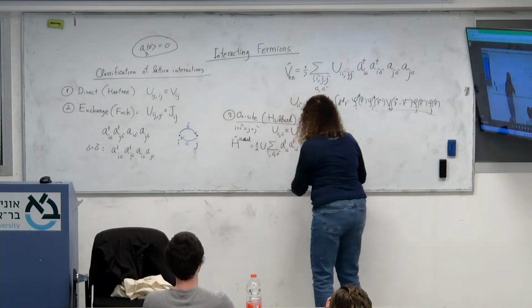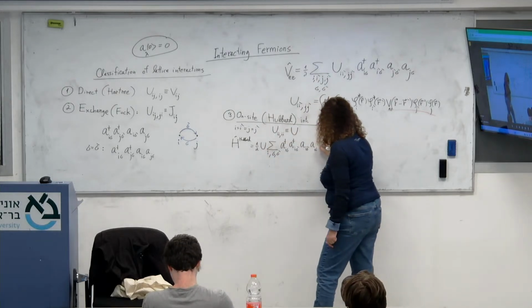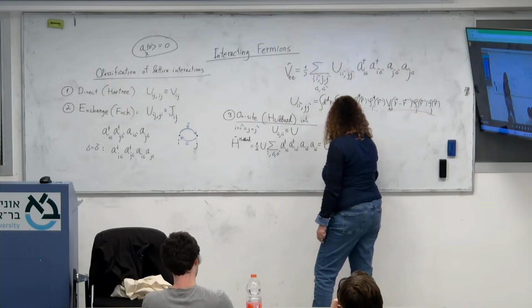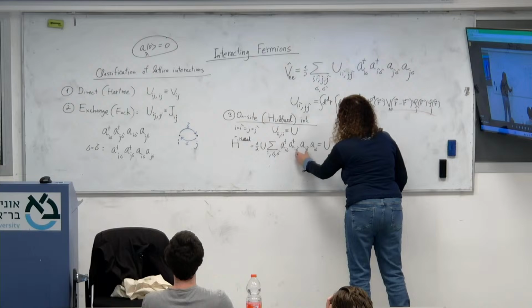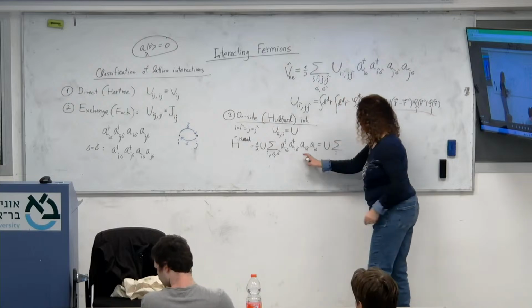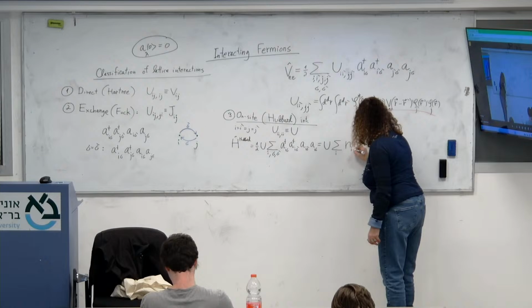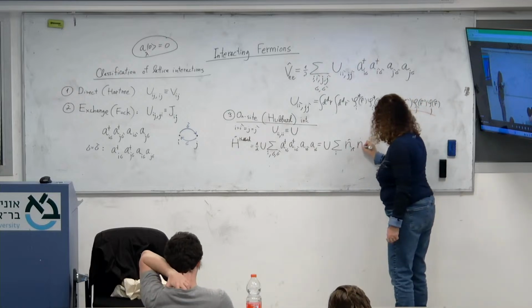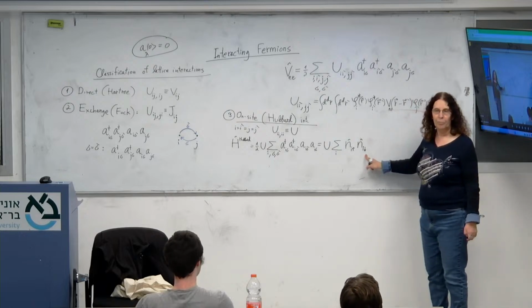And because I have 2 such terms, either up, down or down, up, I can eliminate the factor of half, and I have just U times the sum over i, and then if I plug in, say, sigma prime equals up and sigma equals down, or vice versa, it doesn't matter, this is just the number operator of electrons at site i with spin up, multiplied by the same thing with spin down.